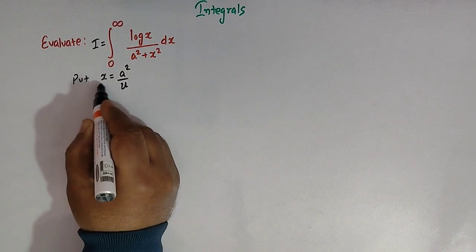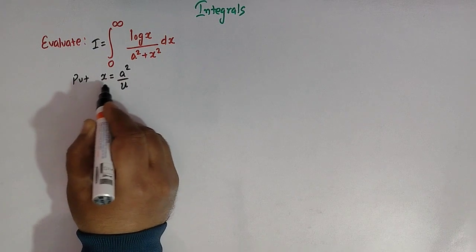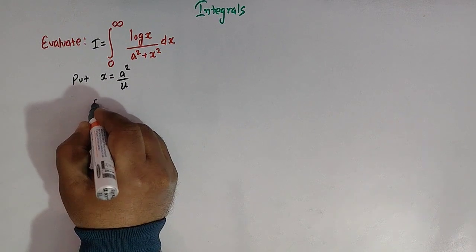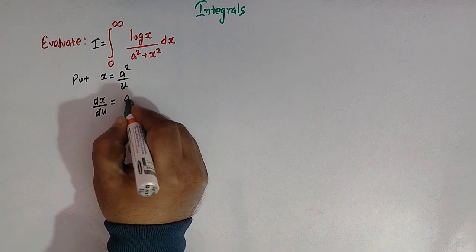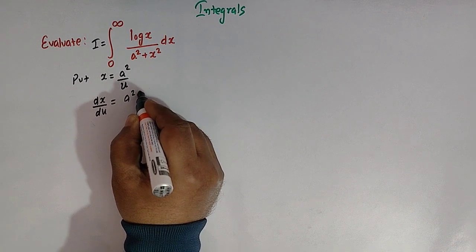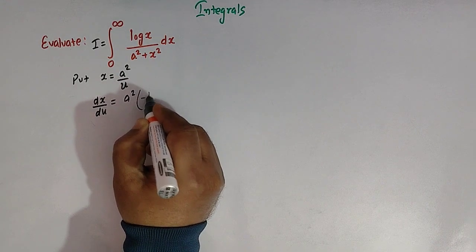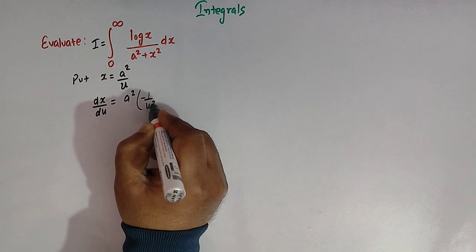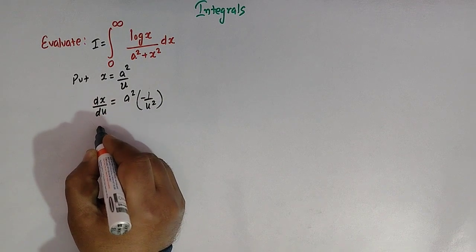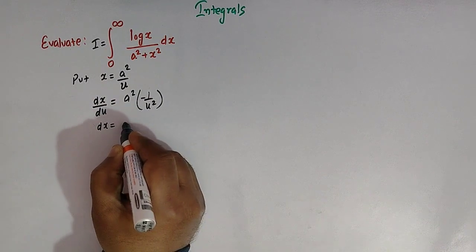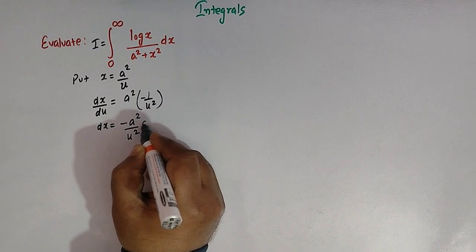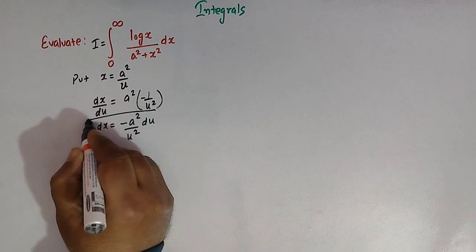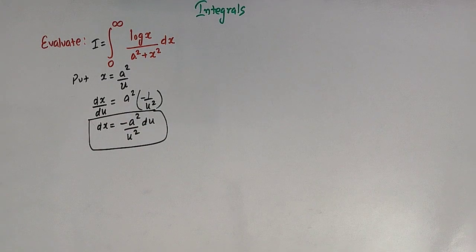Now, if we differentiate both sides with respect to u, then we get dx over du is equal to a square times the derivative of 1 over u, which is minus 1 over u square. So now dx is equal to minus a square over u square du. So here we have obtained the value of dx.